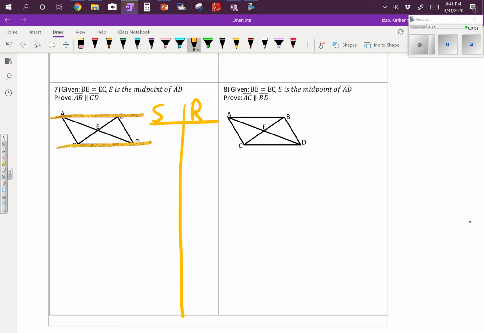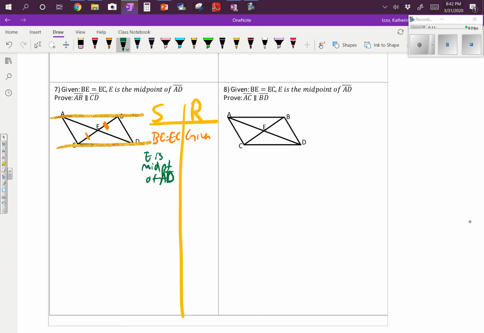And we've got a whole bunch of transversals going on here. So let's take a look at what I've got for givens. I've got BE equals EC, given. And we've got E is the midpoint of AD.